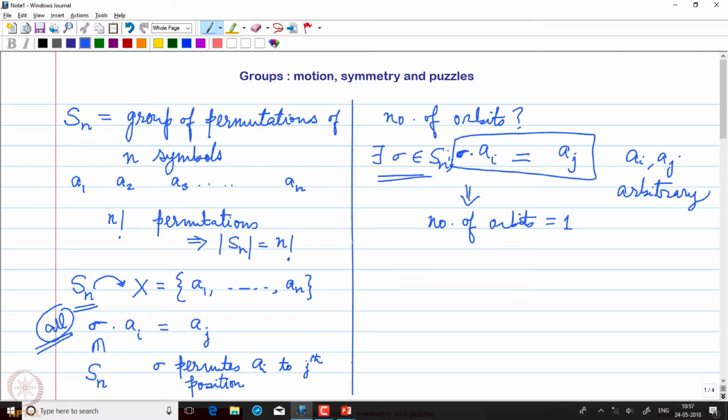A few more examples of groups I am going to mention. We shall need those groups in the lecture. A very simple group is denoted by Z mod 2Z or sometimes by Z2. What is this group? It's a group with 2 elements.